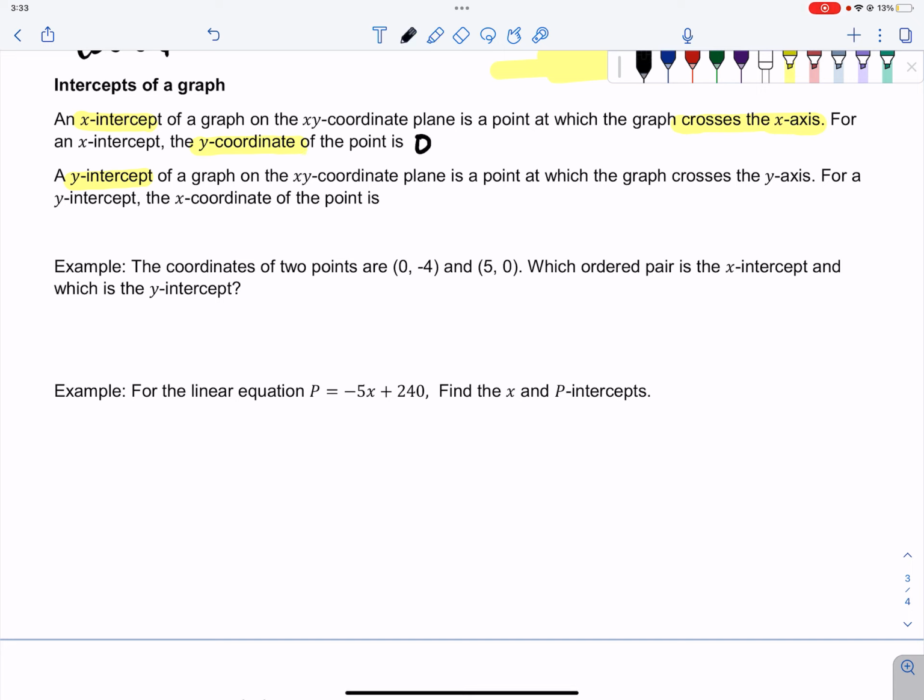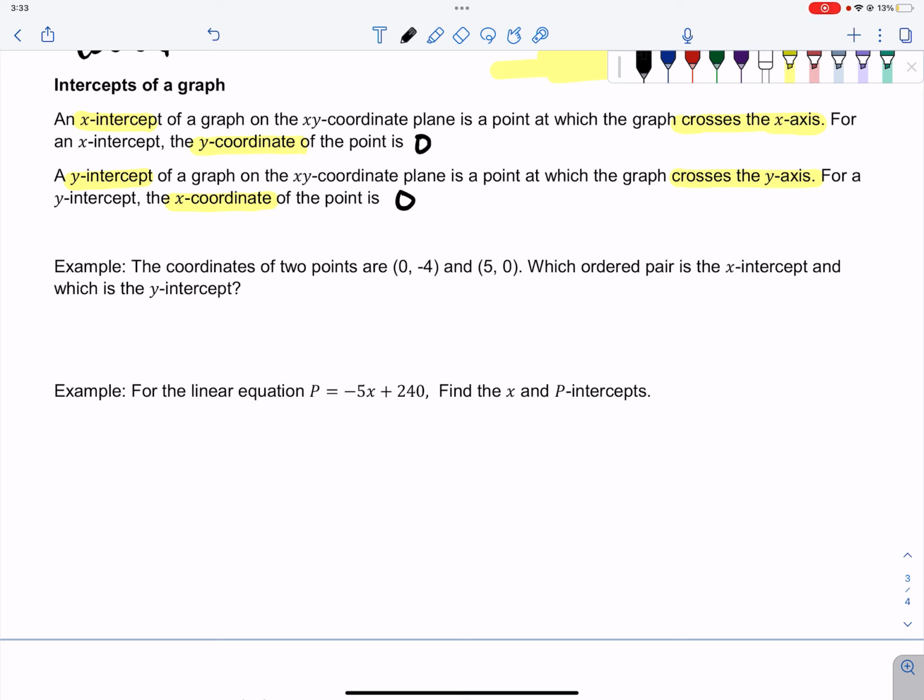So when we want to find the x-intercept, we replace y in our equation with 0, and then solve, and that gives us the x-intercept. The y-intercept of our graph is where it crosses the y-axis, and for that, the x-coordinate of that point is also always 0.